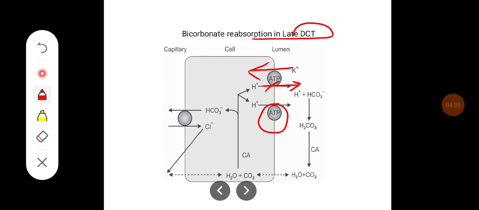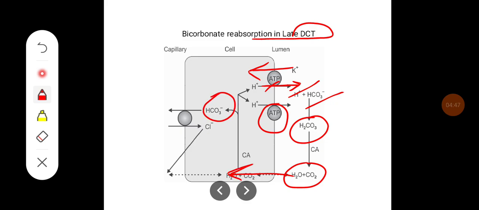In a similar way, H plus ion is going to bind to bicarbonate, form carbonic acid, then water and carbon dioxide, which is reabsorbed, and in the cell it again gets converted back into H plus and HCO3, and HCO3 is antiported with chloride ions.